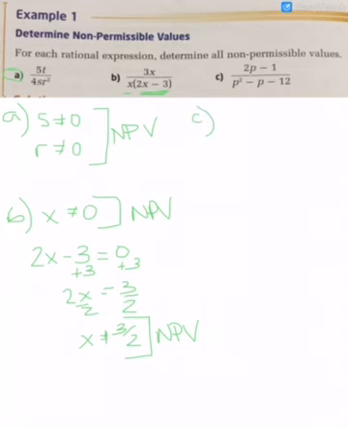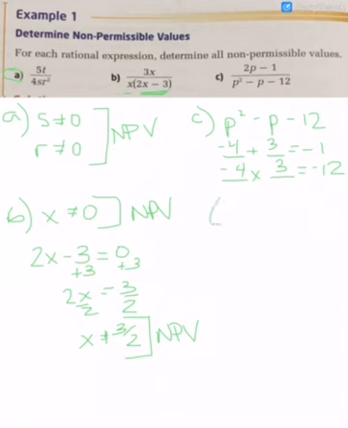Now in one like C, the bottom needs to be factored. So we need to factor p squared minus p minus 12 by looking at what two numbers add to get to negative 1 and what two numbers multiply to get to negative 12. So that would be negative 4 and positive 3.